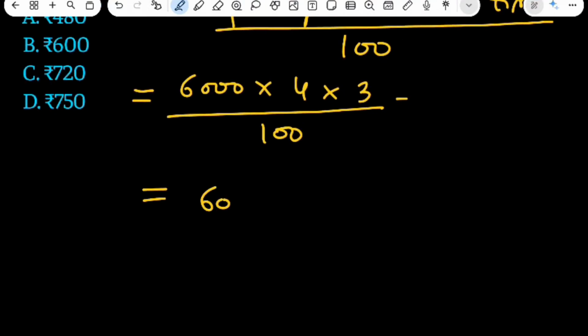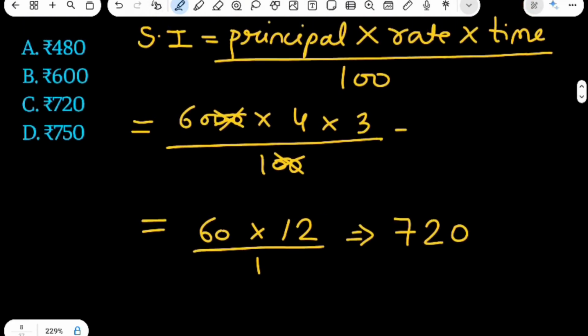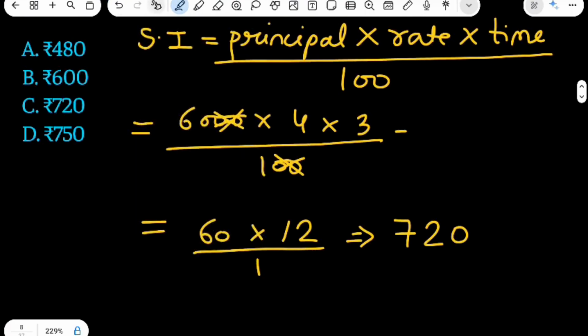The two zeros above in 6,000 should be cut with the 100 below, and we have only 60 multiplied by 12, simple. Now when we multiply 60 with 12, we get 720. So choosing from the options, the correct output will be 720. So option C is the correct output.